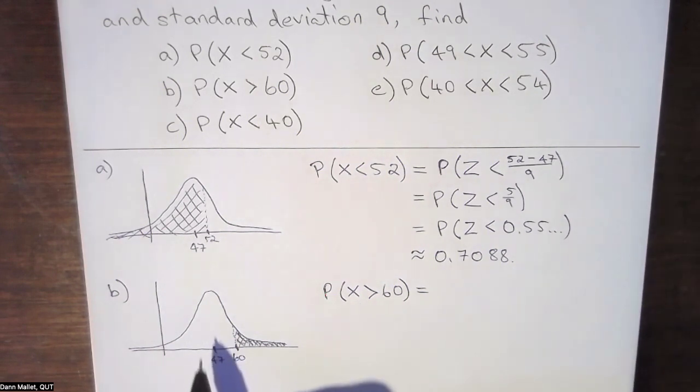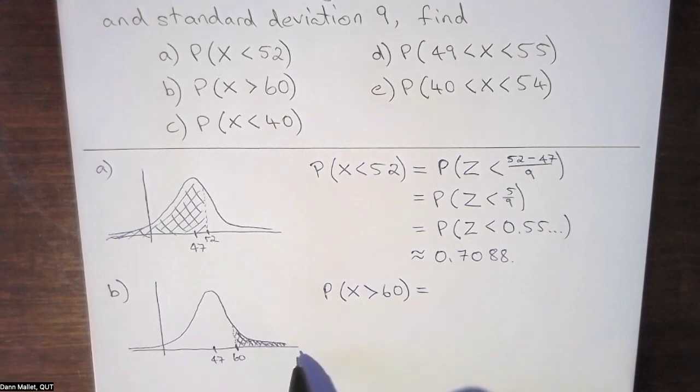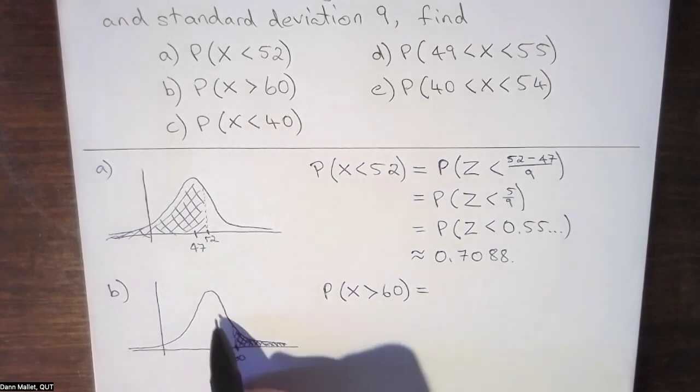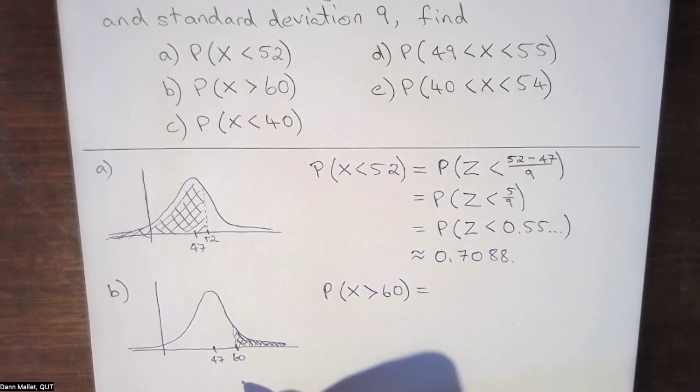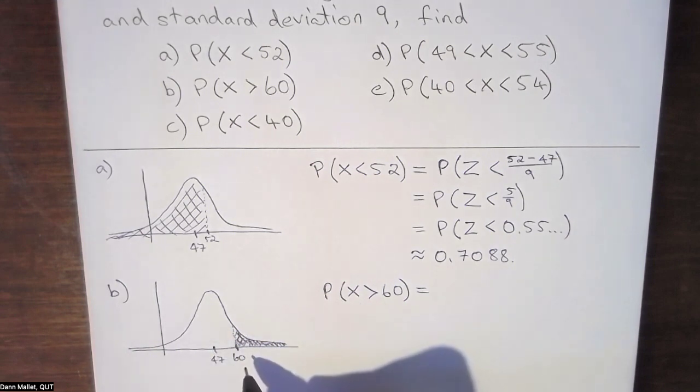So looking at the picture, all of the probability of all the possible values is of course equal to 1. So if we have a piece over here greater than 60 and a piece over here less than 60, together those areas must be equal to 1. So we can figure out the shaded area by determining the unshaded area and then subtracting it from 1.